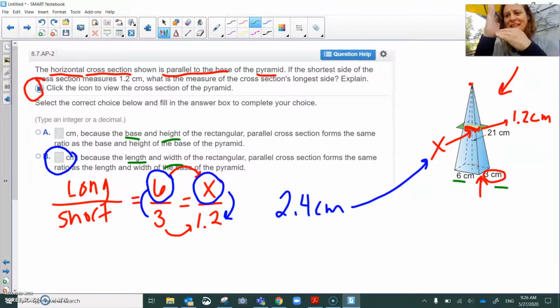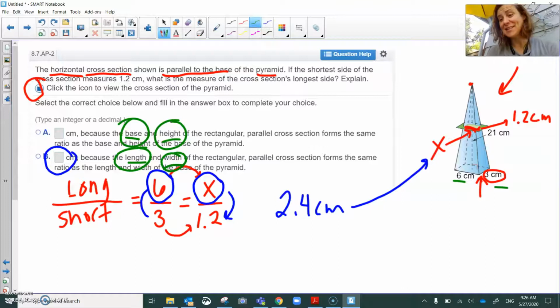The point is, length and width hit each other in the same way base and height hit each other, at their 90 degrees. So here I'm spending all this time trying to figure out the vocabulary. What's the difference in this vocabulary? And their point was, it doesn't matter. That was very stinky of them. Okay, so there's that one. Phew, glad I got that right.